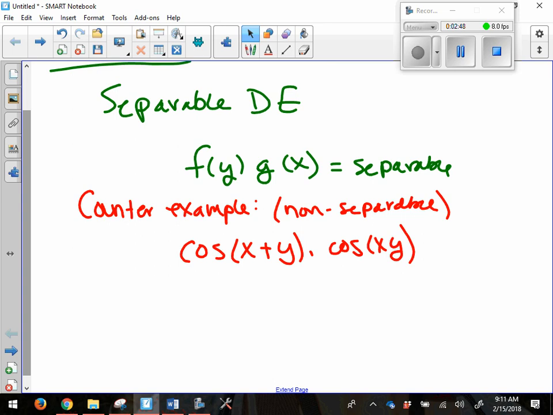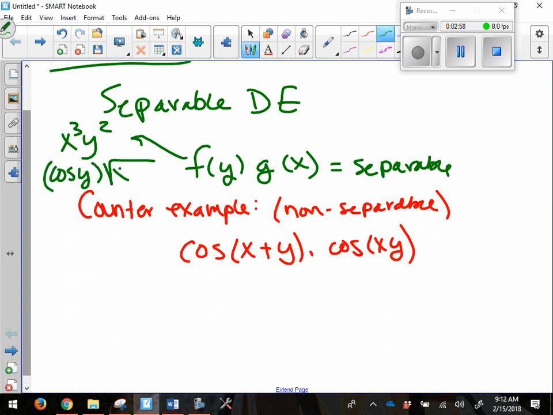Yeah, because like an example of this, if I had x cubed y squared, that's separable. If I had cosine y times the square root of x squared plus x, that's separable because I have a function that's only of x and a function that's only of y, and I multiply them by each other. Yeah, no, not the square root of x times y, because I could write that as the square root of x times the square root of y.